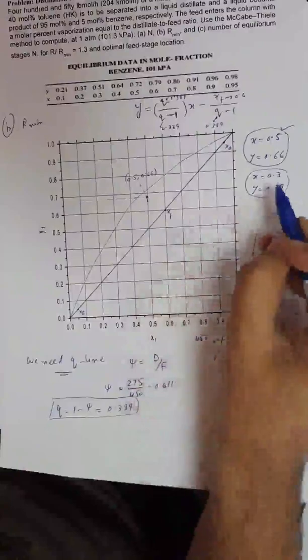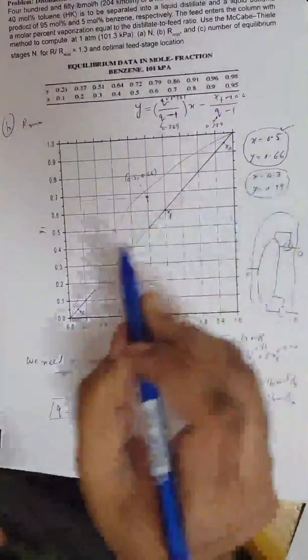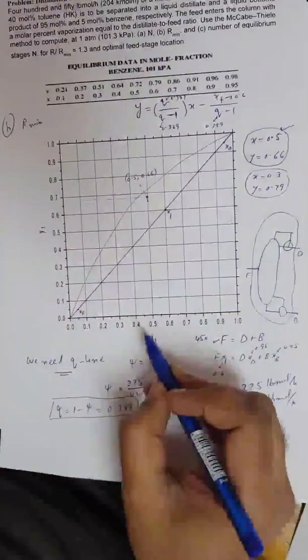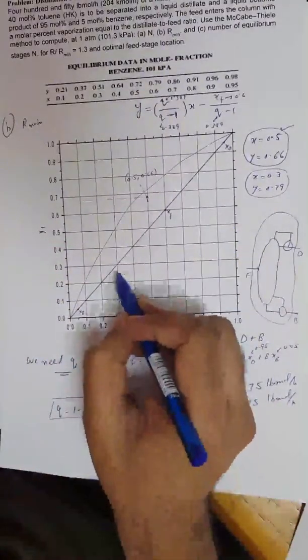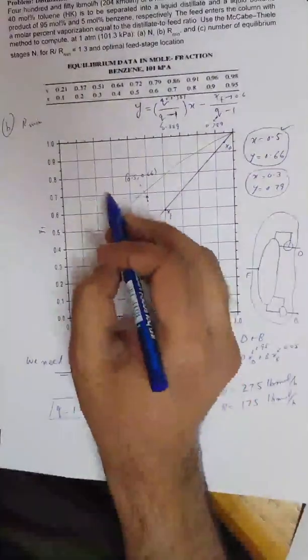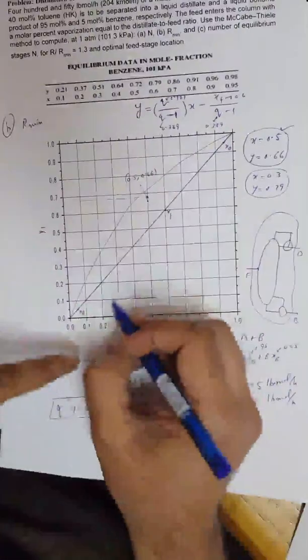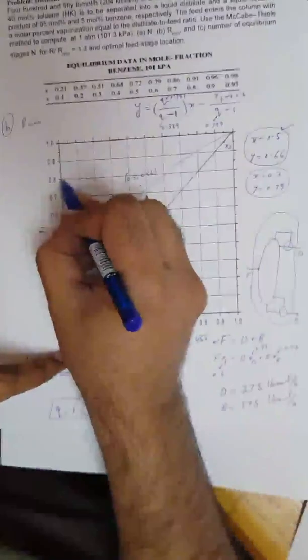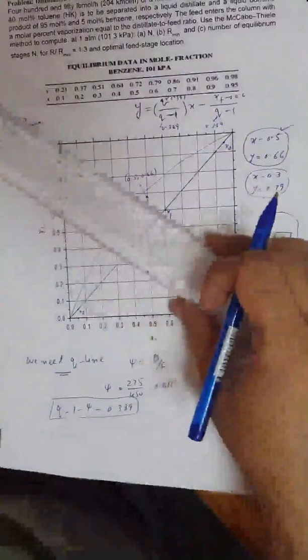Let's say you have x as 0.3, and you have 0.79. This is the point 0.3, 0.79. So all points are in a line.